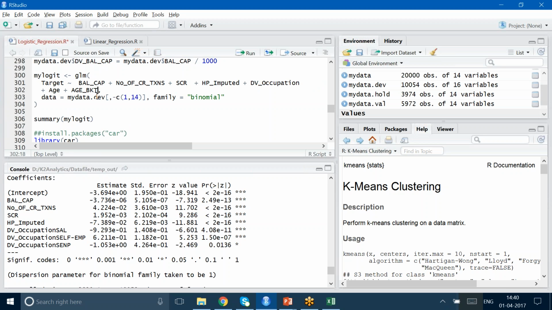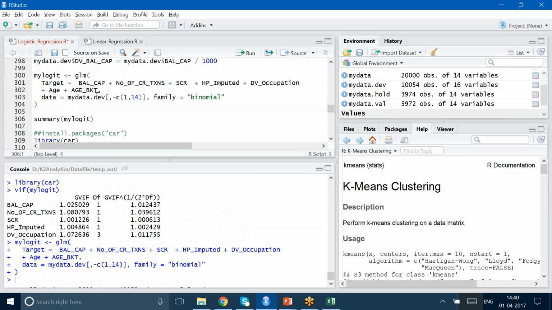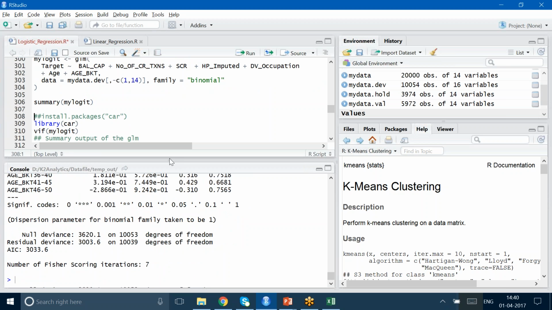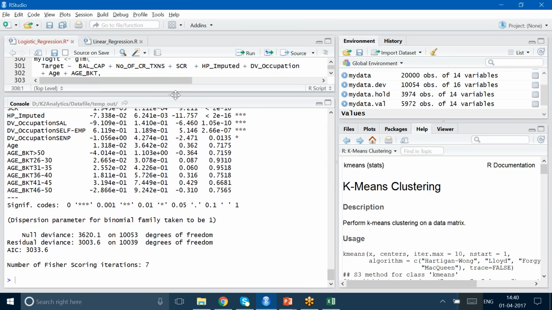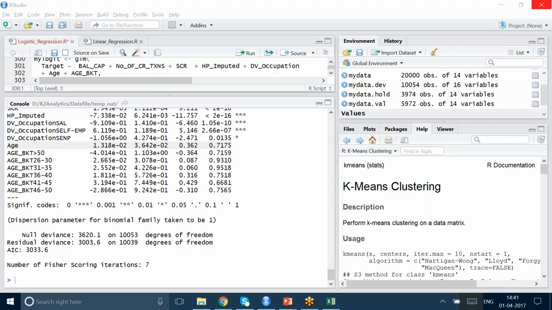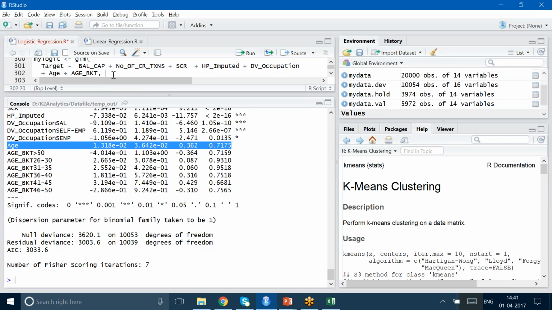I think we tried it last time, but let me quickly run it again. Control R, summary. Okay, age, if you see, there is no star. Age is saying that the age variable is insignificant.